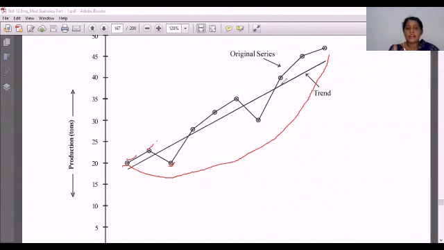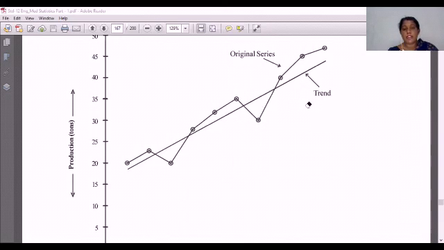If you use a curve, then it is obvious that all the points will be covered. So here you have to draw the trend line. After plotting the points, you have to join them, and after joining the points, you have to make one trend line.